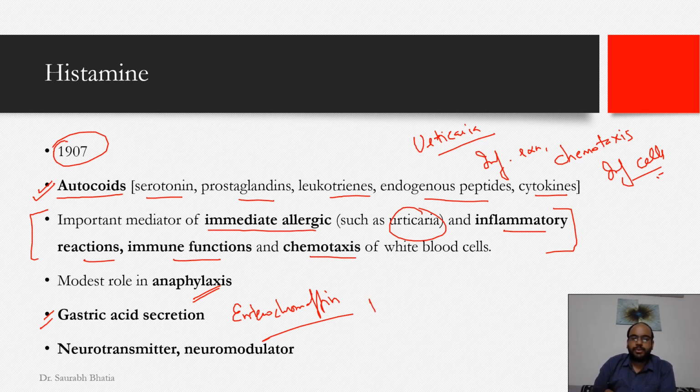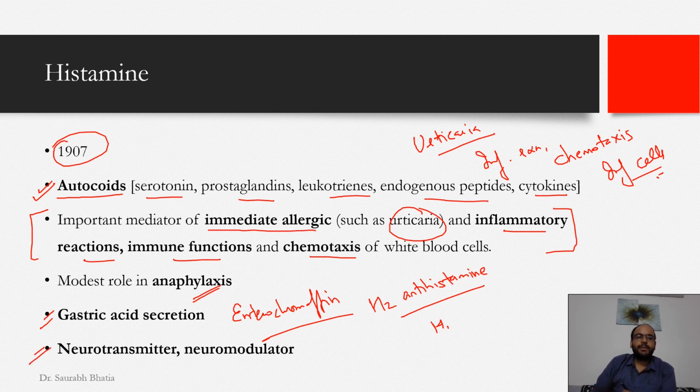H2 antihistamines work better on gastric acid secretion, while H1 has minimal to no role on gastric acid secretion. So if you have a person who's suffering from gastric acid reflux and urticaria or any other indication for antihistamine, it's better to add an H2 antihistamine to the regimen.